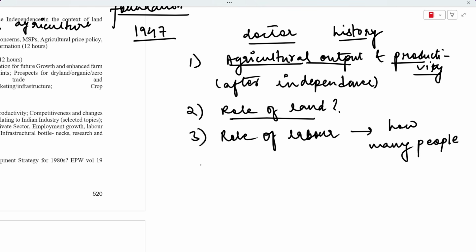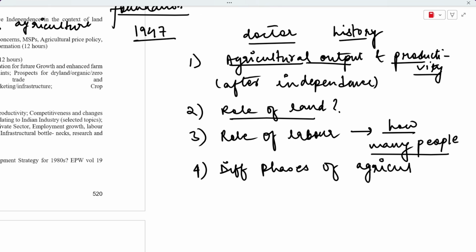Because we also know of something called disguised unemployment. So we want to ask whether people were actually contributing to productivity, or were they just sitting around? This is the third question. Then we have to talk about the different phases of agricultural growth.